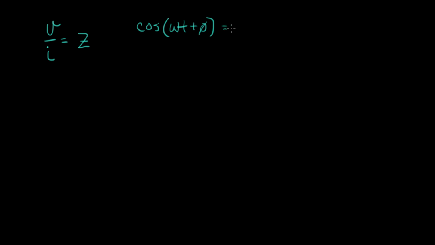And we're also going to use Euler's equation, which says we can decompose our cosine into two complex exponentials. So one of the complex exponentials is e to the plus j omega t plus phi, and the j multiplies both of them, plus e to the minus j omega t plus phi.